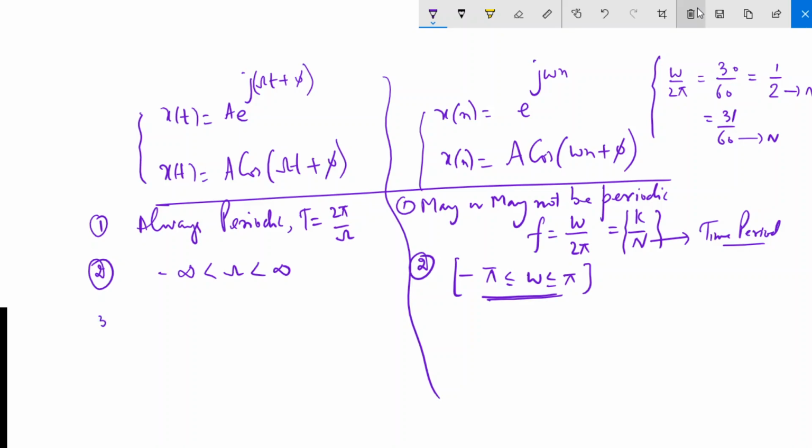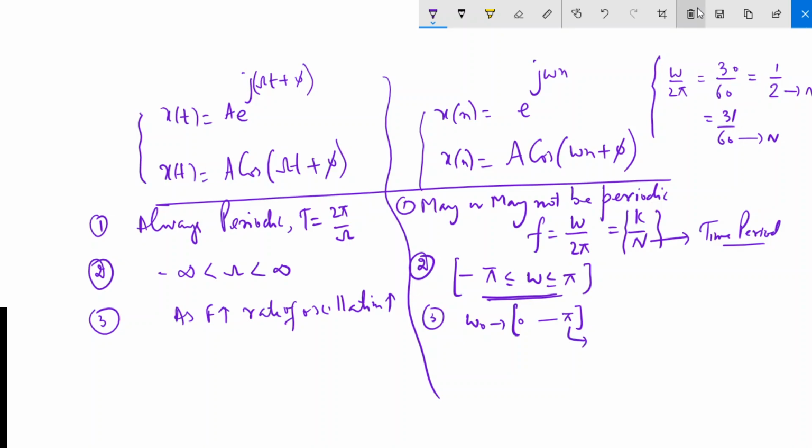And the third one is that in continuous time, as the frequency increases, the rate of oscillation increases, but in the discrete case this is not the case. As you increase the frequency omega naught from 0 to pi, the rate of oscillation starts increasing till you get to pi.